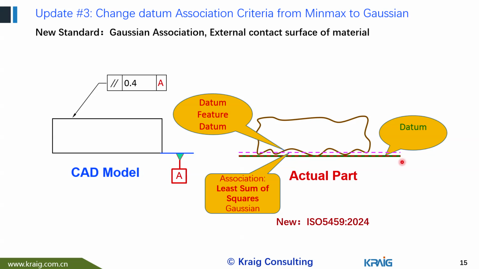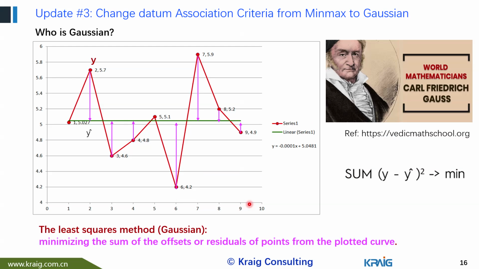Before answering these questions, we should understand what least sum of squares is. Okay, for this formula, basically here there's a scattered set of points. Point number 1, number 2, number 3, number 4, could be multiple points, and then we try to associate them to a best fit center line here.